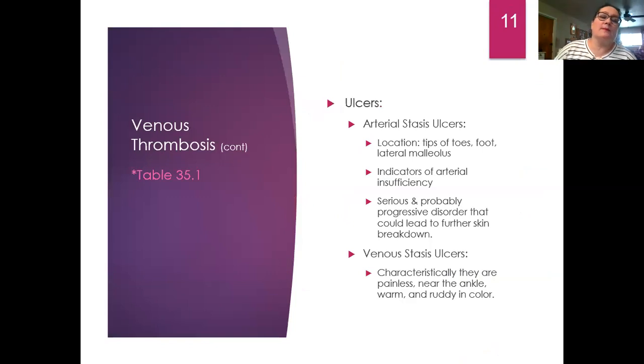So we want to make sure and educate them on what they need to notify us of. Okay, the next one, table 35-1, covers a little bit, but this is definitely one of those sections that's a combination of the book and lecture. So I want to go over this with you, and that's talking about ulcers. Table 35-1 has a lot of different things comparing arterial to venous disease in the legs.